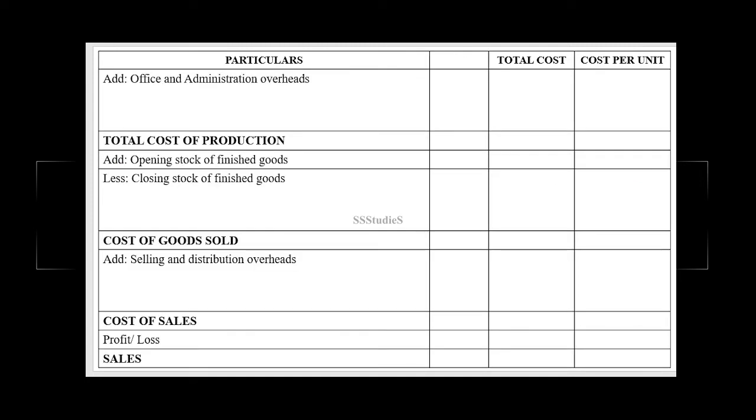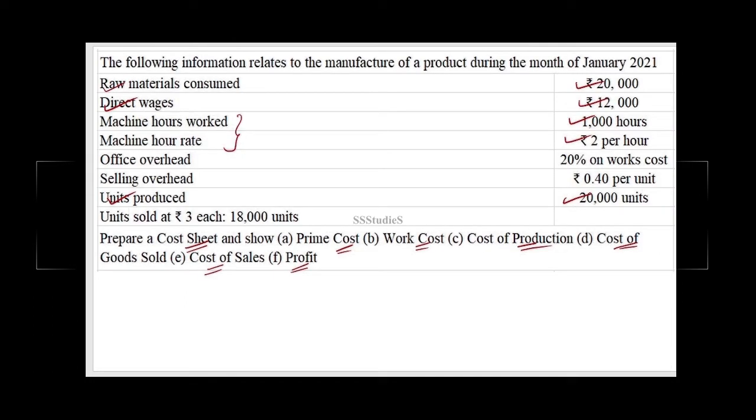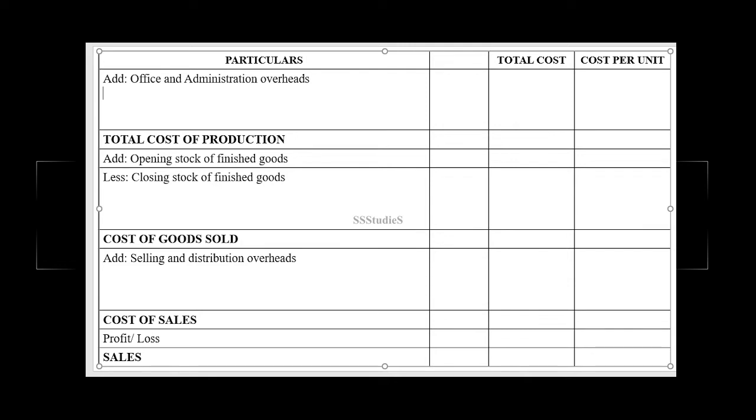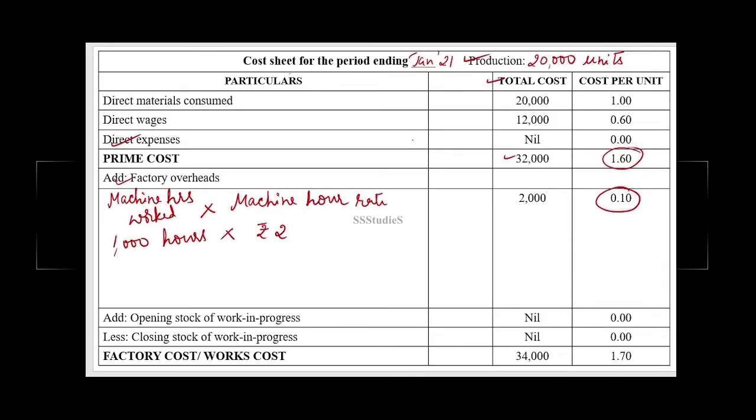Next, we need to add office and administration overheads. Let us quickly go through the problem and see whether office overheads are given. So we have office overheads 20% on works cost. So office and administration overheads are 20% of works cost. So works cost is 34,000.